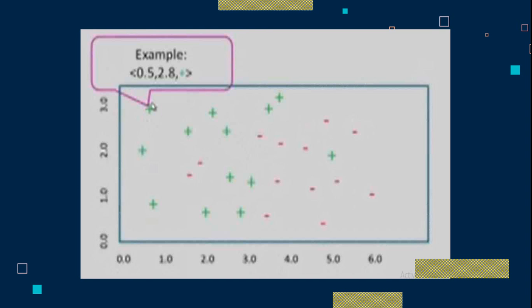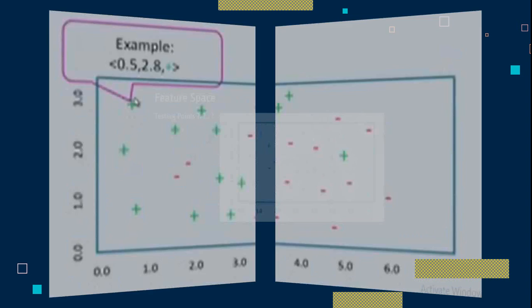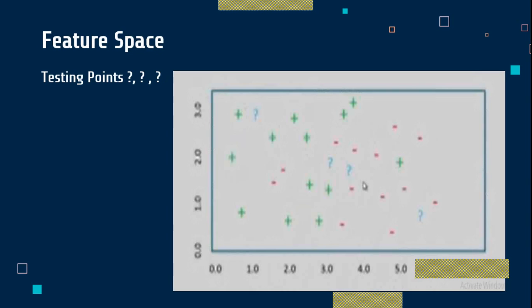Let us consider I have this new value for testing. What is that question mark? You can see in the diagram there are 4 question marks. Now my question is whether these question marks come under the positive category or the negative category.